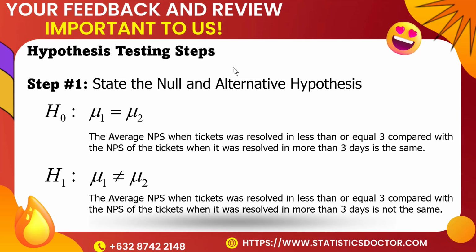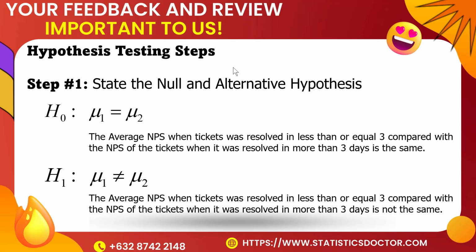In other words, there's no difference between the two groups. The averages are still the same. Whereas in the alternative hypothesis, it is not the same, meaning group 1 is different from group 2.